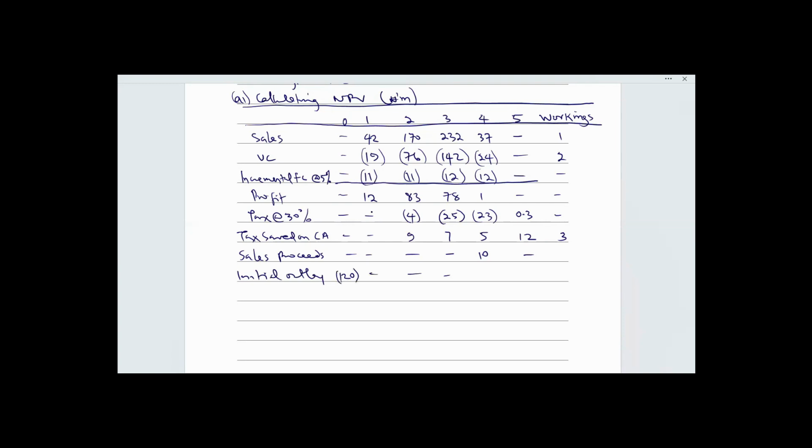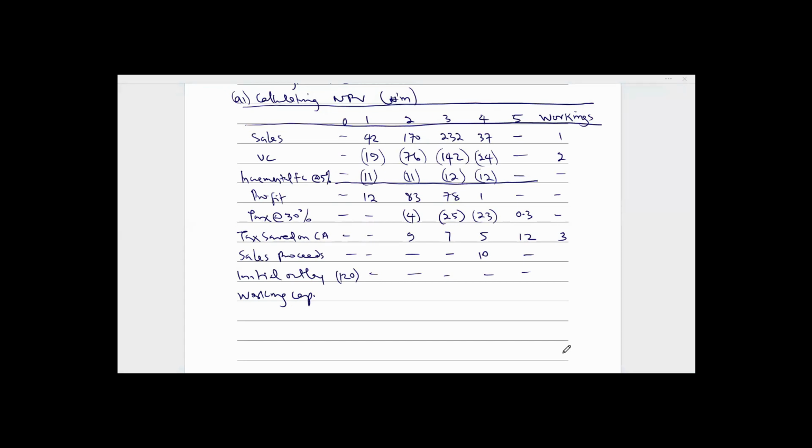Then we are told that there is an investment in working capital. So let's go back to the question and check our working capital. That's 20 million. So we are told in the question that additional initial investment of 20 million naira will be needed for working capital.